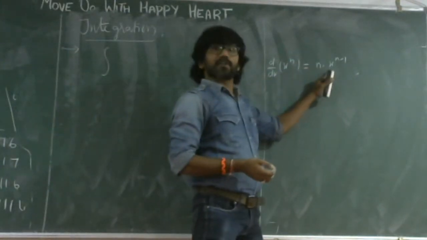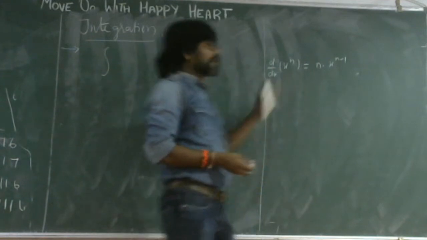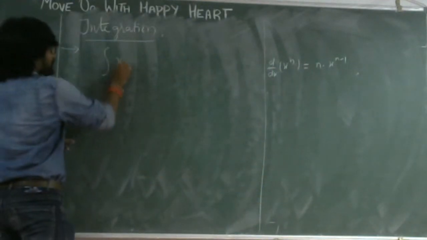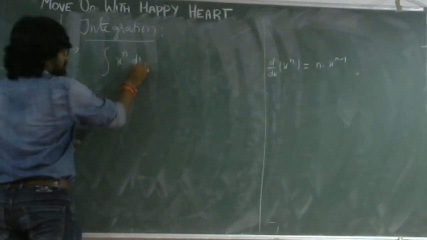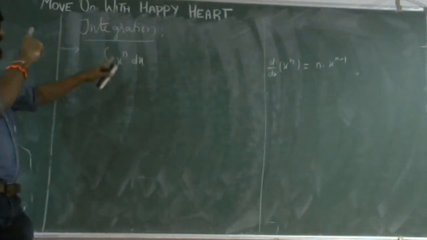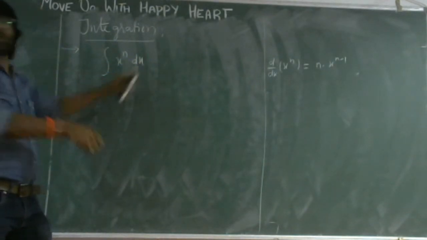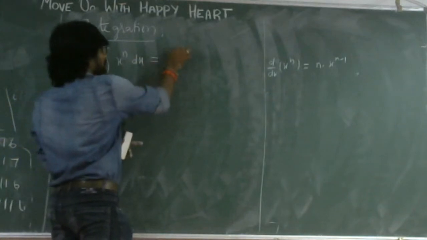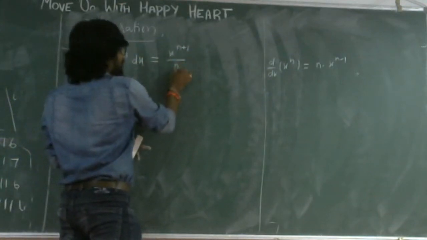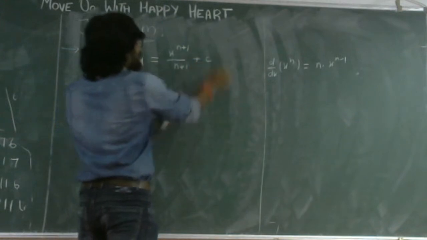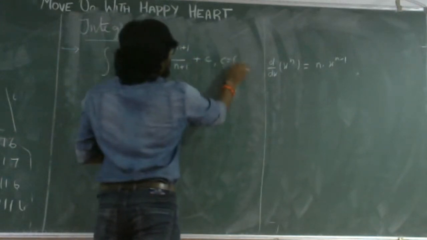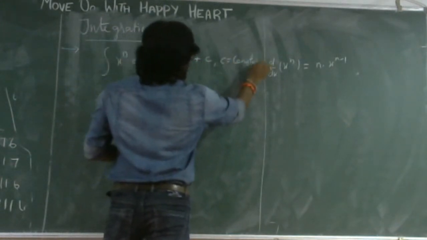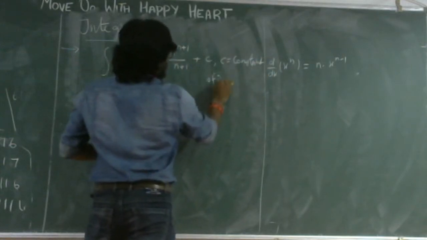So the integral of x power n dx, that means integrating x power n with respect to x, is equal to x power n plus 1 by n plus 1 plus c, where c is called the constant of integration.